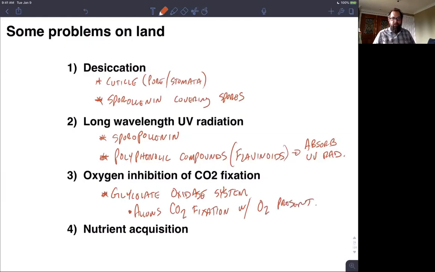Okay, the last one is nutrient acquisition. When you're in an aqueous or aquatic environment, you are absorbing your nutrients through your body. Through osmosis, you can bring a lot of nutrients in passively. But once you move onto land, you've lost that ability.